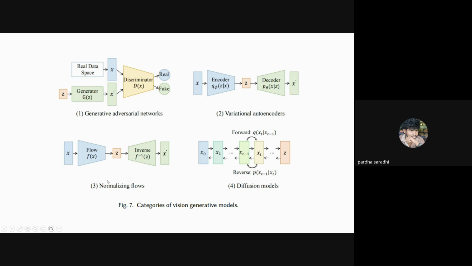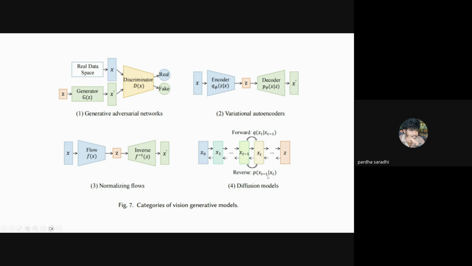Normalizing flows can be more dominant in the future. Why? Because they will check whether the flow and inverse flow are really matching or not. So they will try to see whether the system is really learning or not. This is one area of research which people are trying to exploit right now after variational autoencoders.